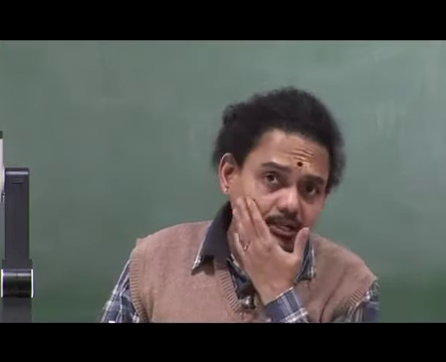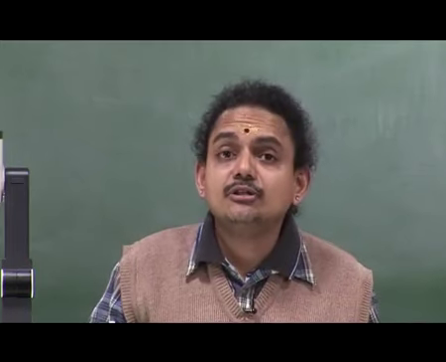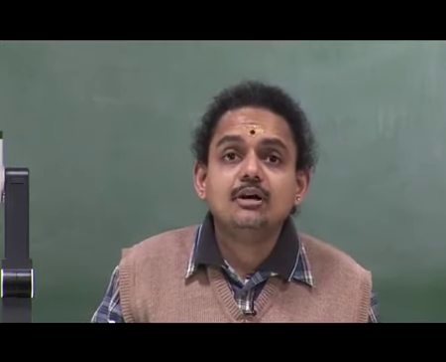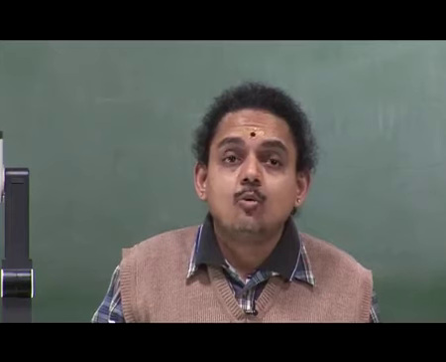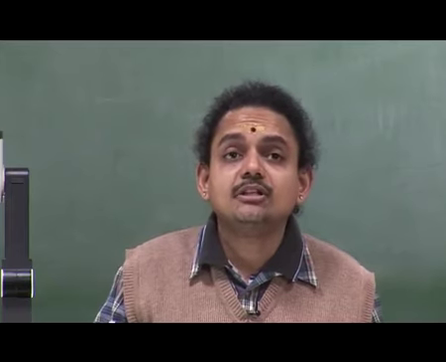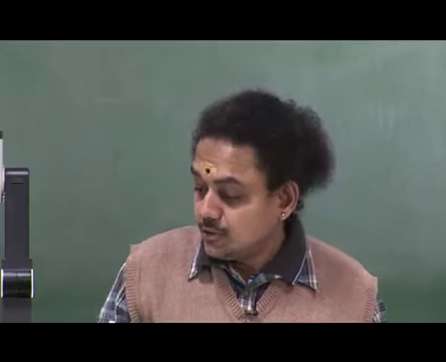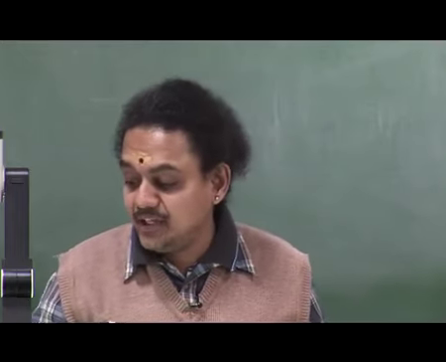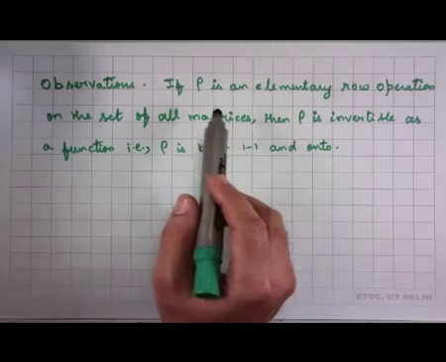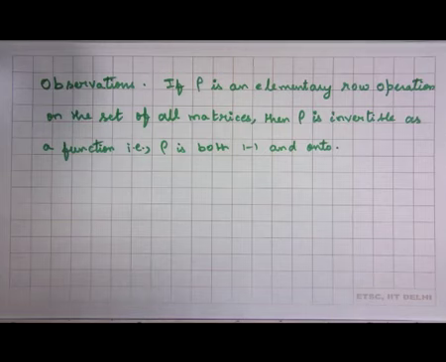In fact, in the last set of lectures on sets and functions, we observed that if you have a function which is one-one and onto, then such a function can be inverted. So, the same thing is happening here, that is every row elementary operation can actually be inverted.